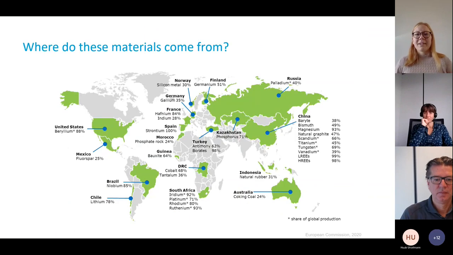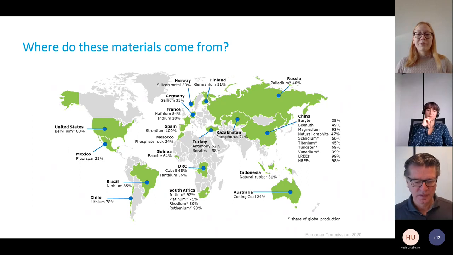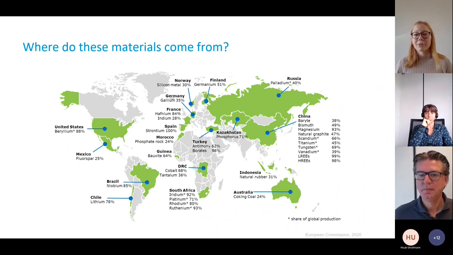Now, if we're really looking at the supply risk, then where do these materials actually come from? That's the question we have to ask ourselves. And this is again from a European perspective. So this map is based on where these materials are imported to Europe.